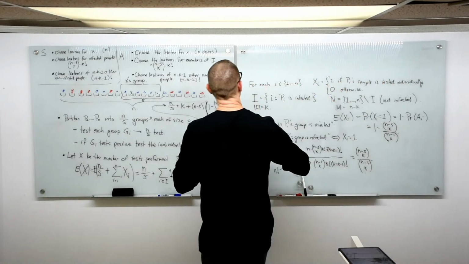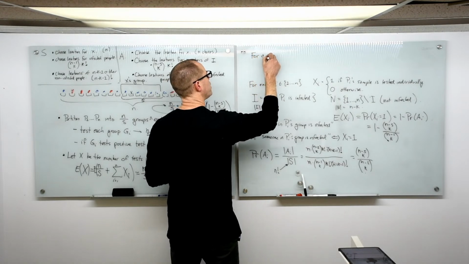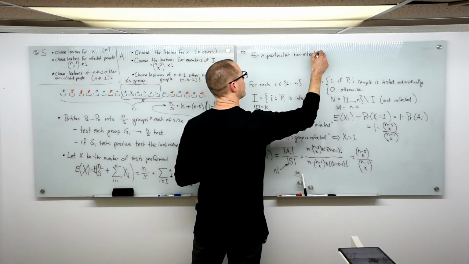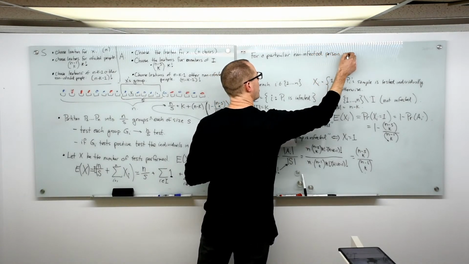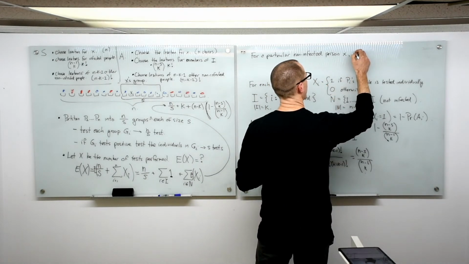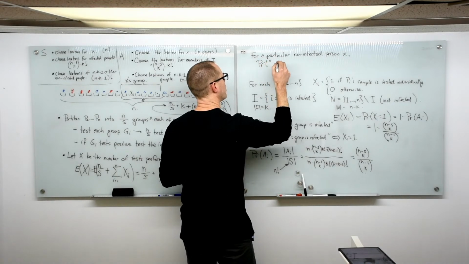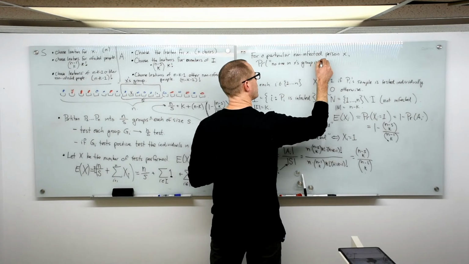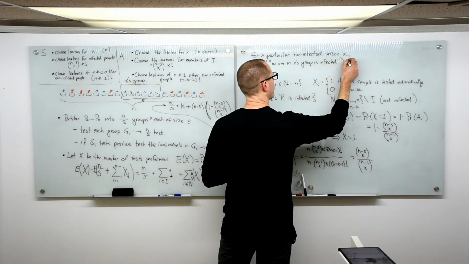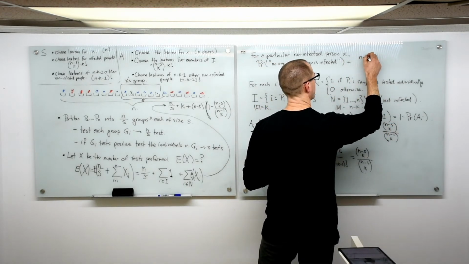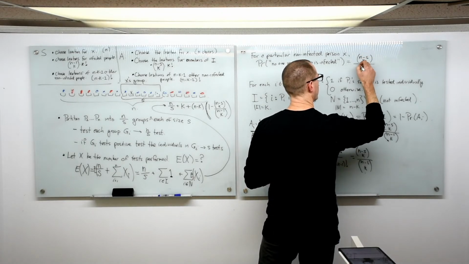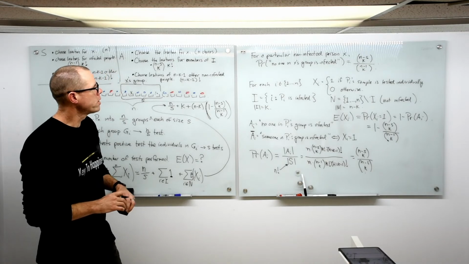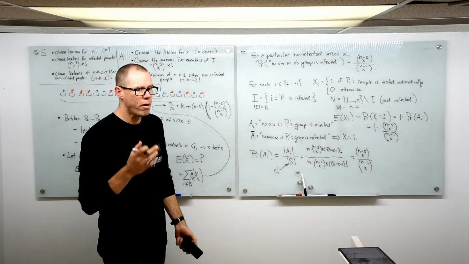So for a particular non-infected person X, the probability that no one in X's group is infected is this formula. Okay. So we've done the hard stuff now. What we're going to see next is a sort of easy trick to do better than this.